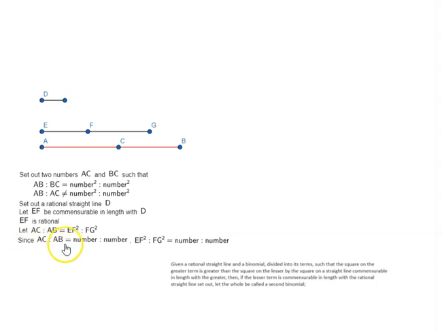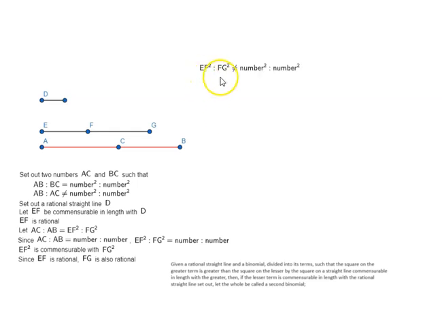Now, since AC is to AB is equal to number is to number, because remember, AC and CB are numbers, and because of this proportionality, it means EF square is to FG square also has a ratio that a number has to a number, which basically means that EF square is commensurable with FG square. And since EF is rational, that means FG is also rational.